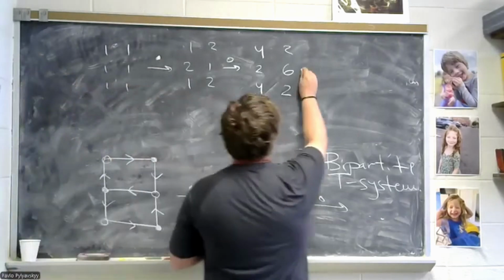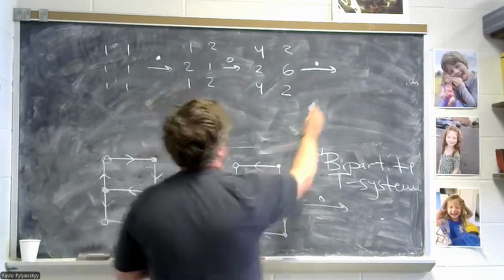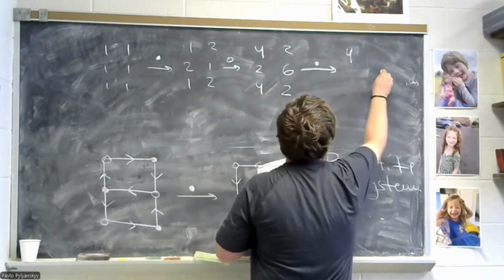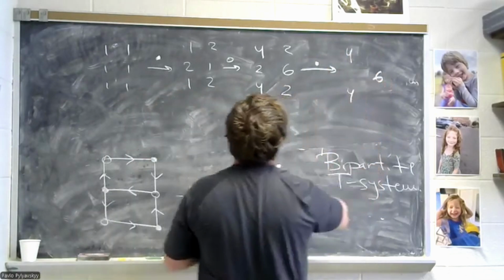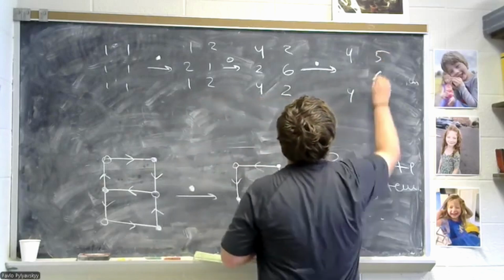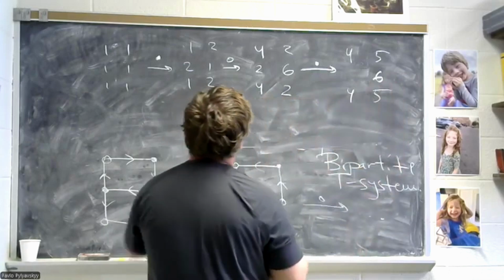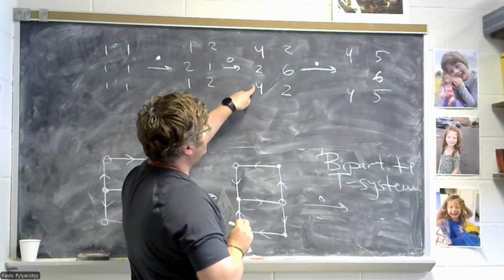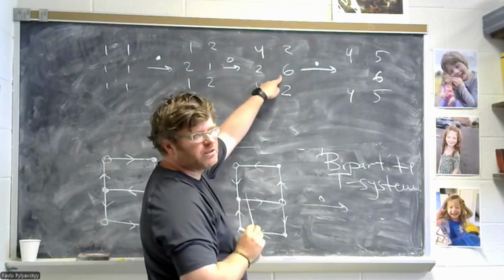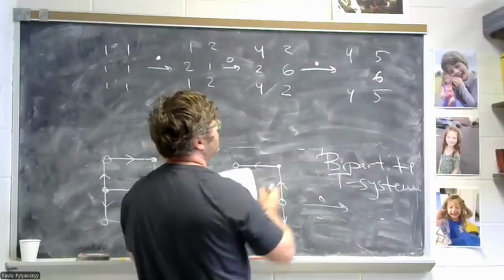Okay, I'll try to make a mistake and see if you can catch me. Okay, so next one. 4, 6, 4 stays the same. 5, 5. 4 times 4 plus 6, 22 divided by 2, 11.